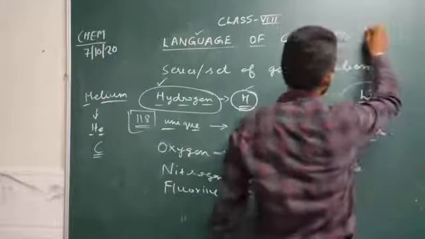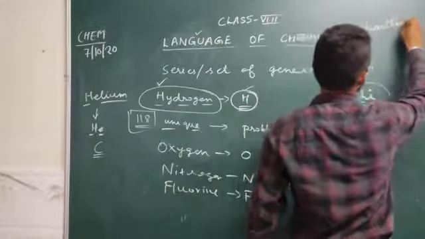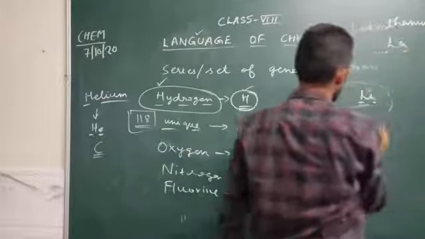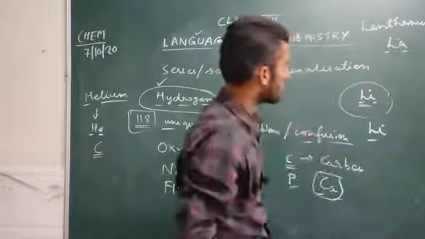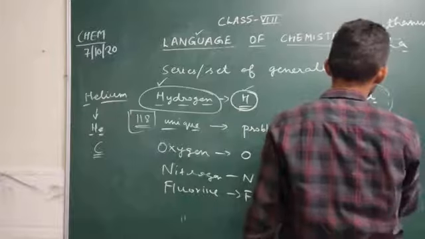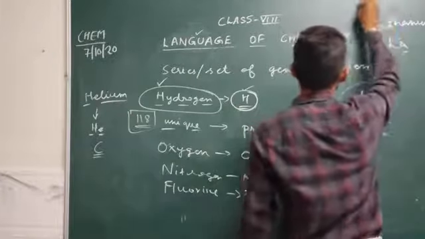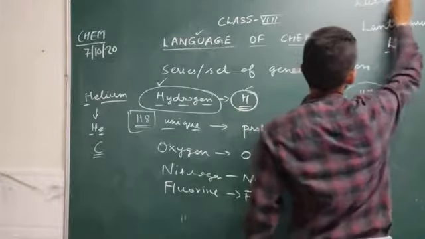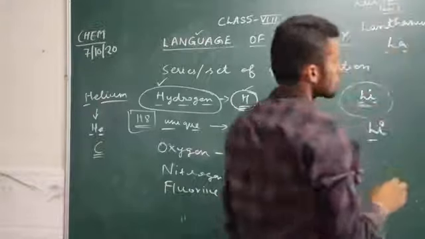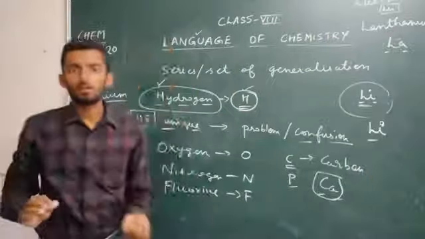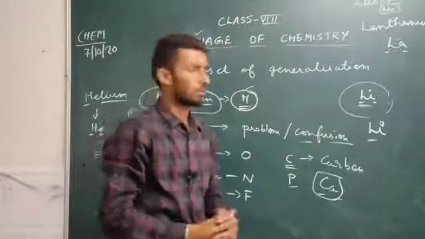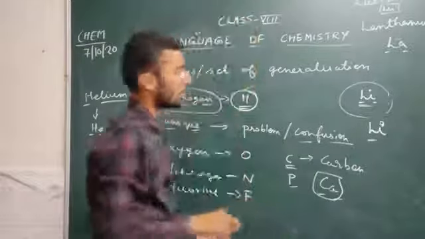There is another element known as lanthanum, which has the symbol La. So not the same symbol for these two elements. It is La for lanthanum and Li for lithium. Similarly, we have lutetium. That also has a different symbol, that is Lu. So based on the number of elements which start with the same alphabets, their symbols have been derived.